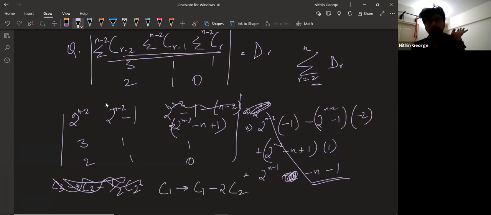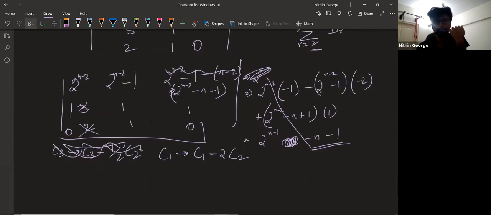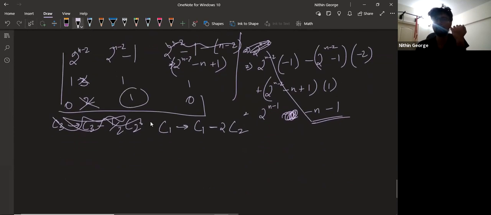This is also another way. What will happen here? This term will become 0. So you get 2 zeros in a row and you simply need to expand. This term will become 1. This term will change accordingly. You'll get 2 zeros in a row and then simply expand. You don't need to worry too much there. Okay, I hope this was clear to you.